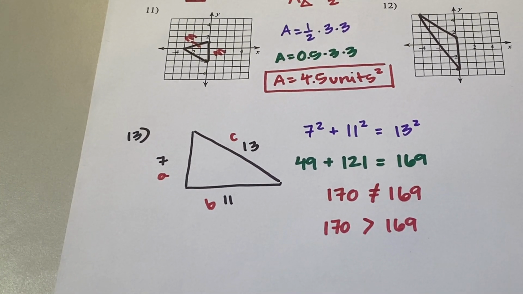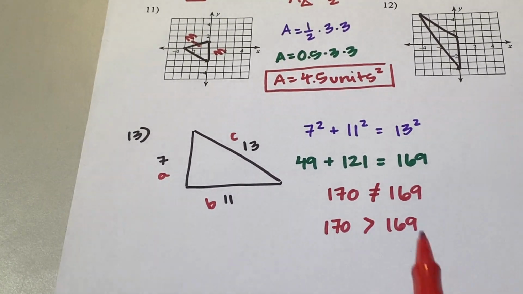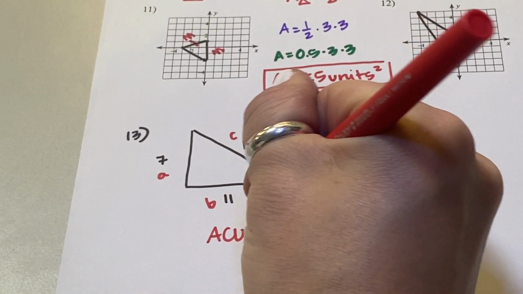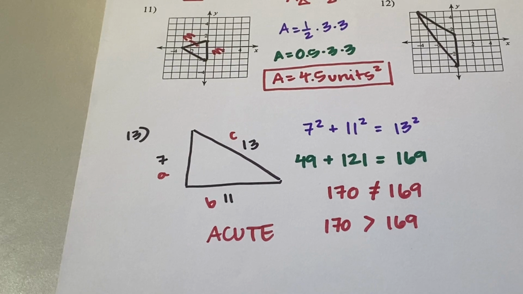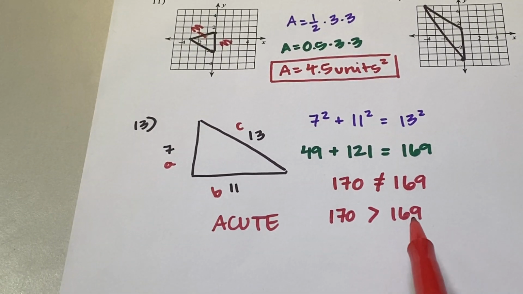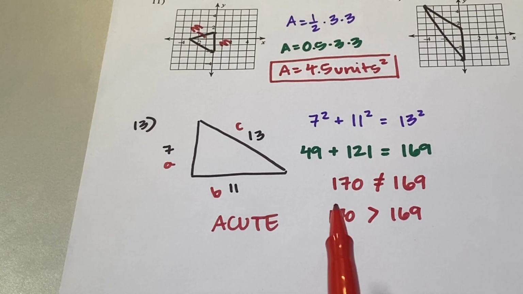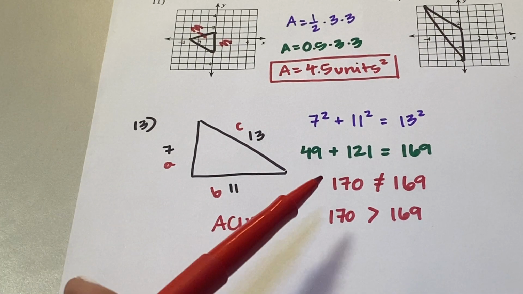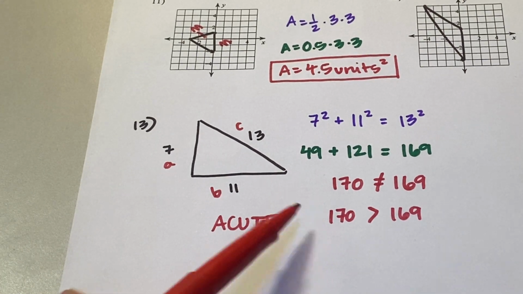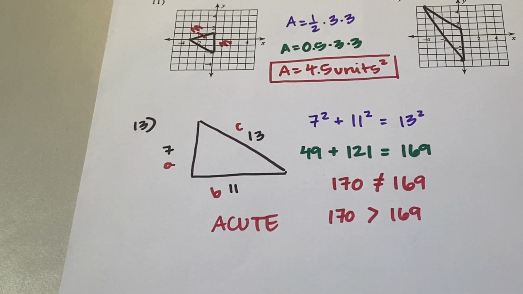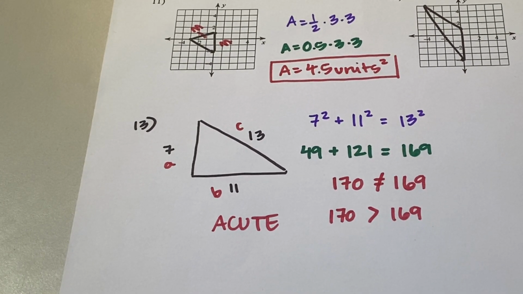When the A and B sides are bigger, or think your C side is smaller, this would be an acute triangle, because C was smaller than my A and B. One way you could remember that, like think if A and B are bigger, you can think A acute. I don't know, some memorization trick.